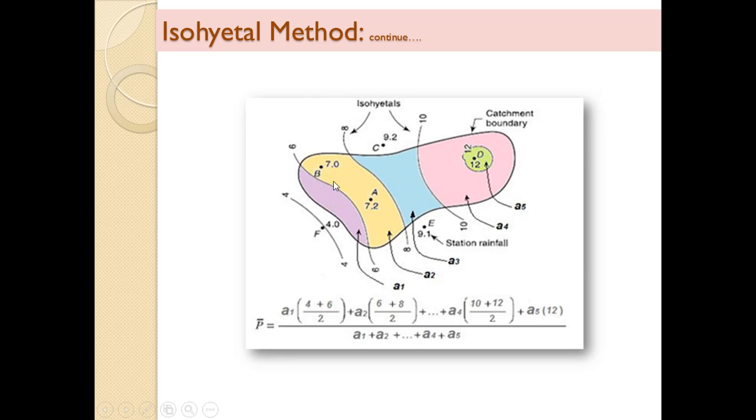We can draw 5 also, right? So this is the isohyet of 6. Then next station is 7, next is 7.2, and then next 9.2. So in between these three we can draw an isohyet having value equal to 8. It is by judgment, by eye, right?